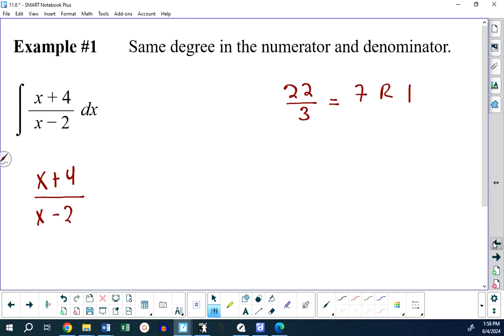Okay. But of course, this is an elementary school or a childish almost way of writing 22 over 3. It's really that 22 over 3 is equal to 7 plus 1 over 3.